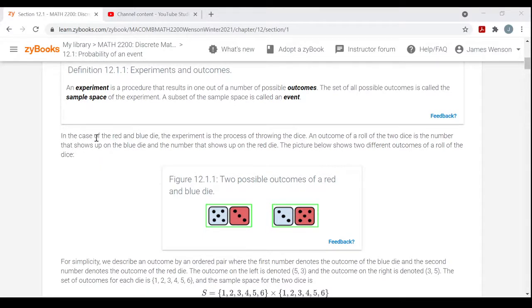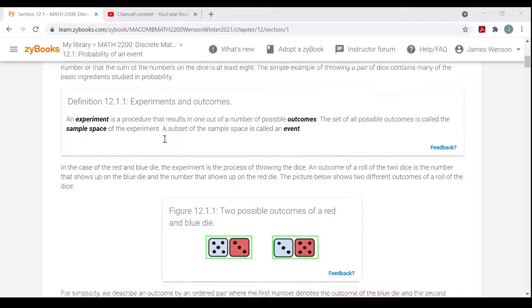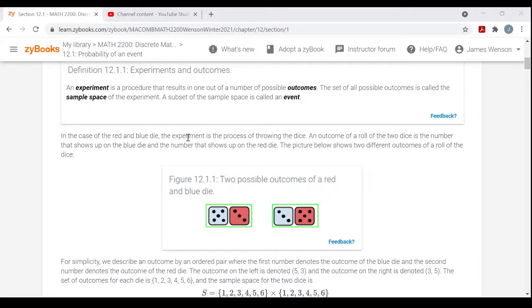In the case of the red and blue die that was described up here, the experiment is the process of throwing the dice. An outcome of a roll of the two dice is the number that shows up on the blue die and the number that shows up on the red die.